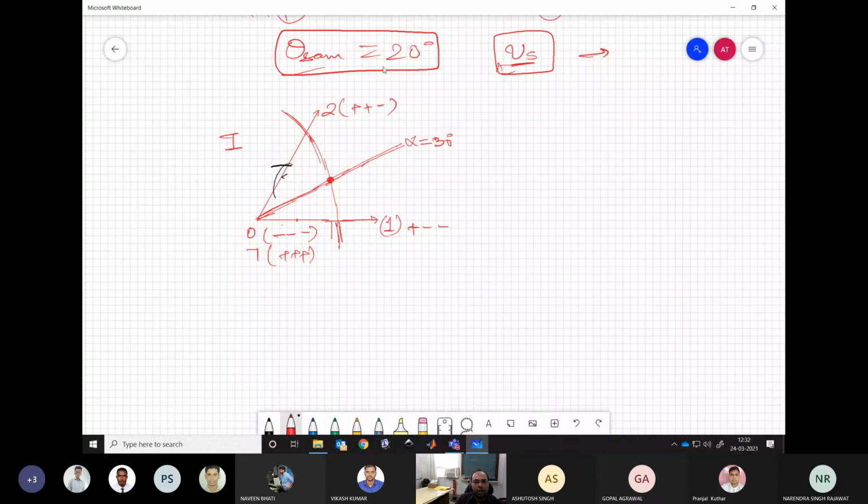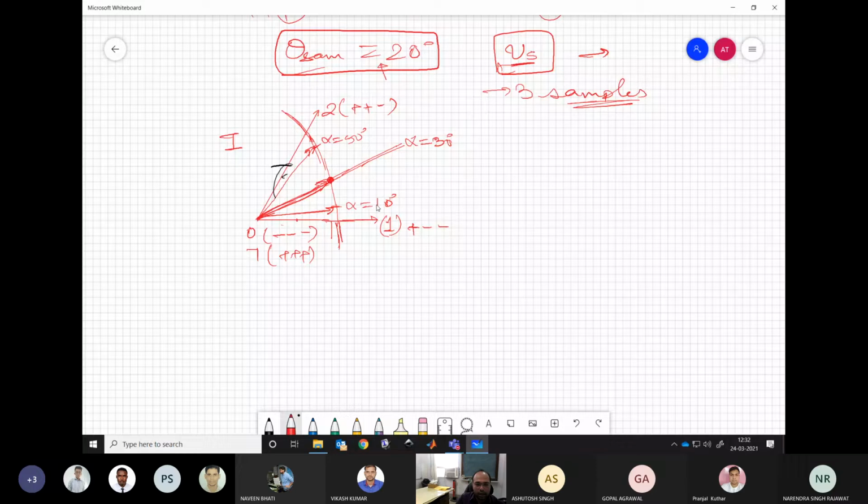Because we are doing sampling at every 20 degree, in one sector we will have 3 samples. If one sample is taken at the middle of the sector, then 2 more samples can come symmetrically around this, which means at 50 degree and at 10 degree. So this is alpha equal to 30, alpha equal to 10, and alpha equal to 50 degree.